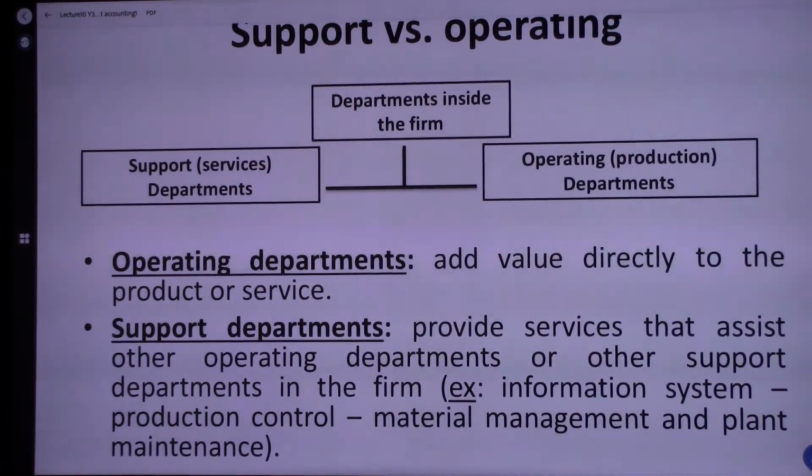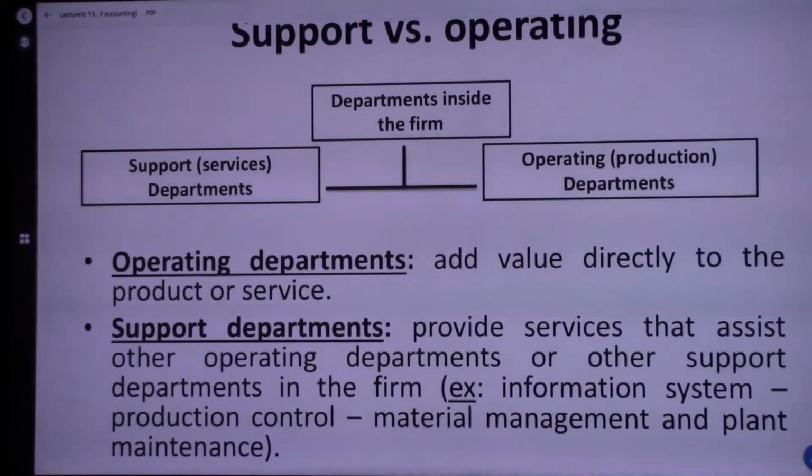If you are talking about table production, can information system add value directly or indirectly? Production control, applying a control system over the production process. Does the production control process add value to the production of the table directly or indirectly?